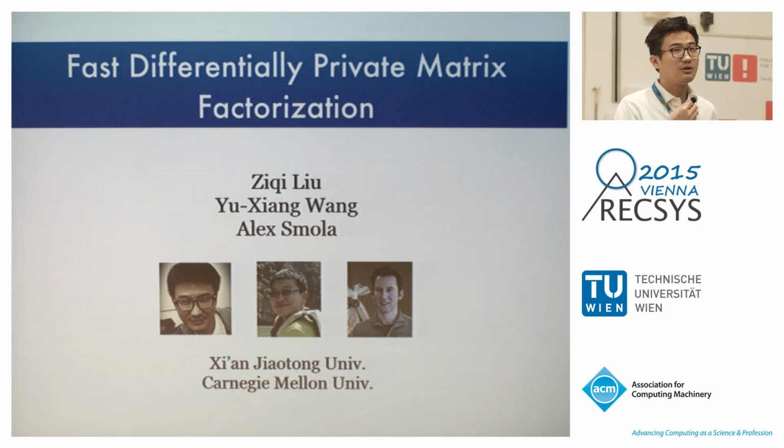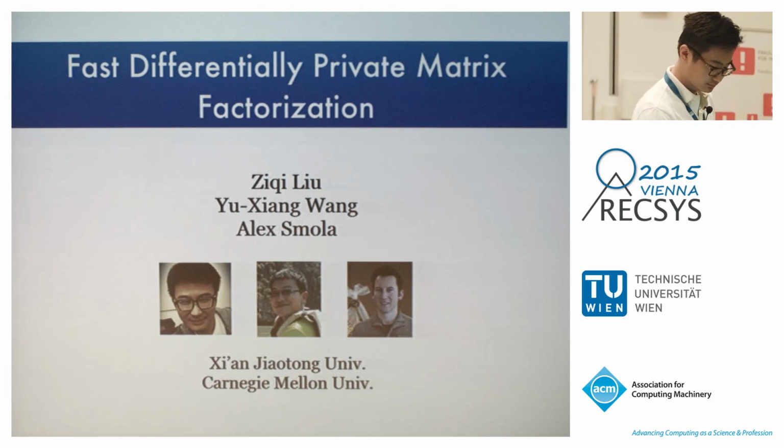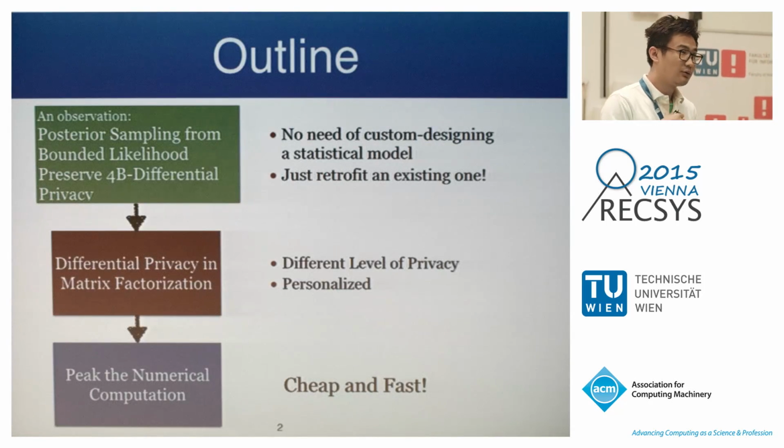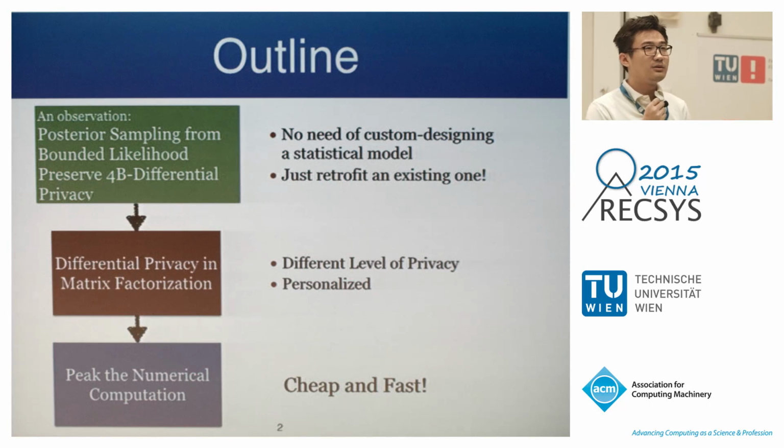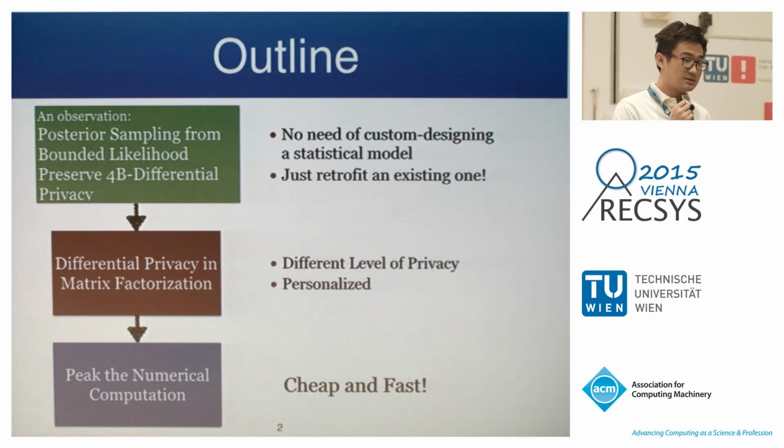So this is another talk on differential privacy, but maybe we focus on how to make the algorithm scalable, how to make it fast. We will first begin with the recent observation that Bayesian posterior sampling from a bounded log likelihood preserves full B differential privacy.